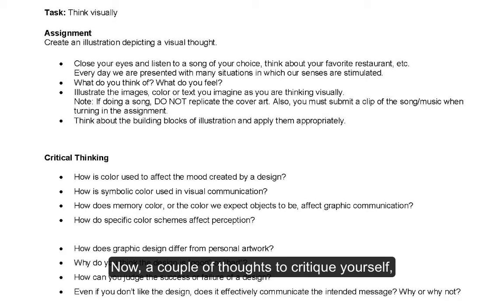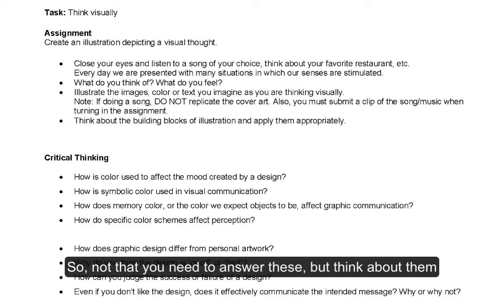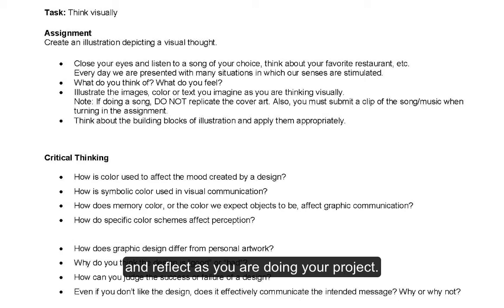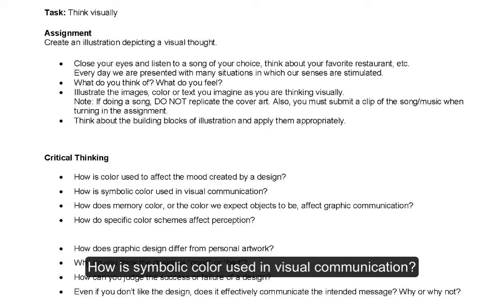Now, a couple of thoughts to kind of critique yourself, to analyze what you are doing here. The critical thinking section. So not that you need to answer these, but think about them and reflect as you're doing your project. How is the color used to affect the mood created by design? How is symbolic color used in visual communication?